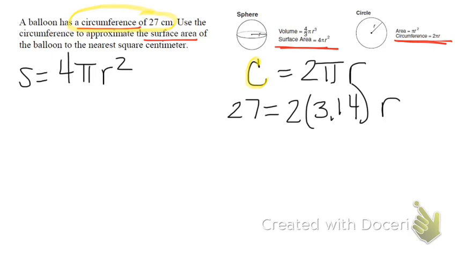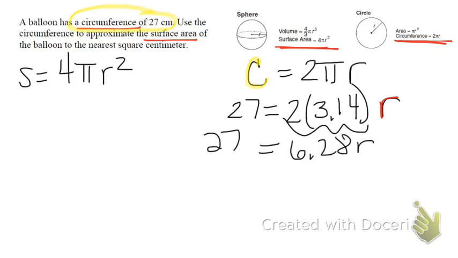Now I have one unknown, which is the r, so I can solve for r. Multiply the 2 and the 3.14, which is 6.28, and bring everything else down. Get r by itself, divide by 6.28 on both sides. And again, you don't have to show that step, you can just do it.